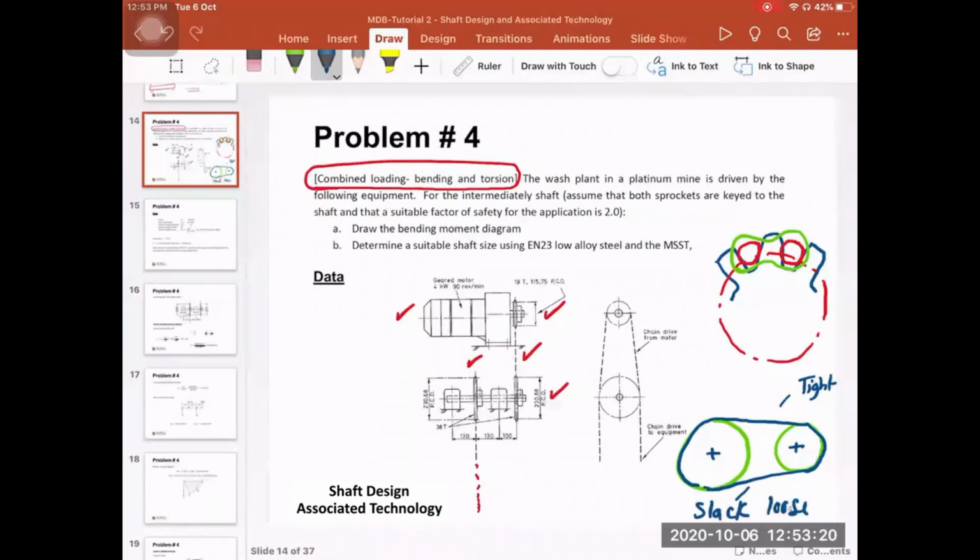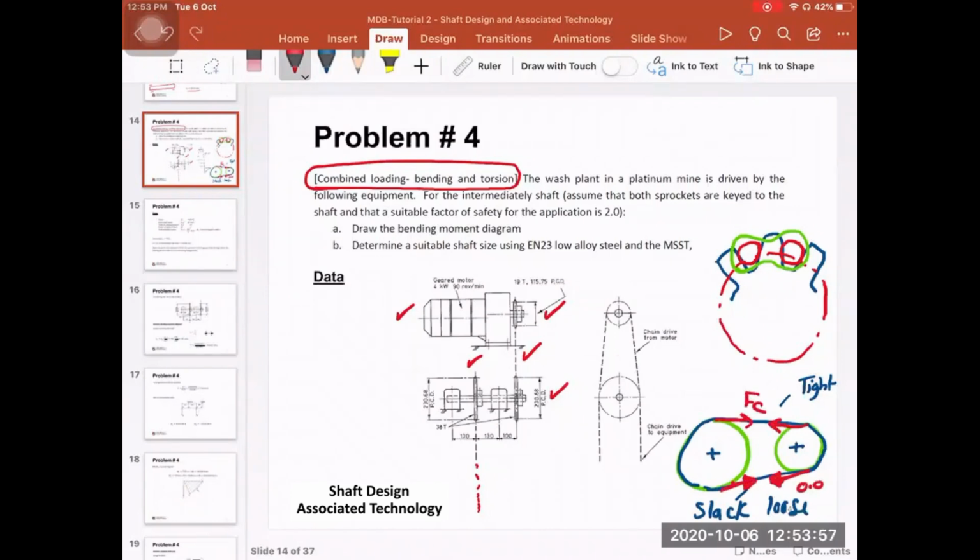If we assume that there is no pre-tension, so it's not pre-tight, then we have only one force on the tight side, a tension force. So this is the force in the chain.